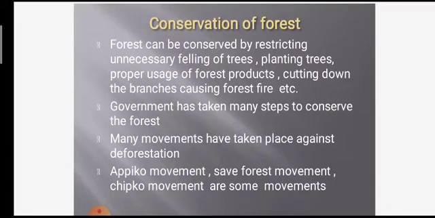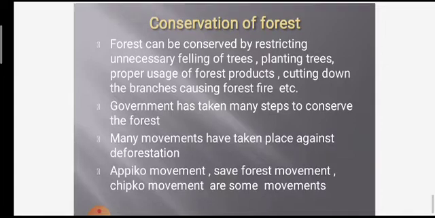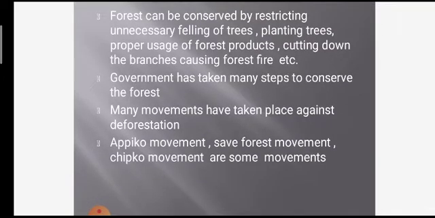Then you should plant trees, and make proper usage of forest products. Cut down the branches causing forest fire. See, in the forest there will be a large number of trees, they grow here and there, and the branches should be cut. If a branch gets stuck to another branch of a tree, fire will be produced, so the full forest gets fired up. So you have to cut the branches causing forest fire.